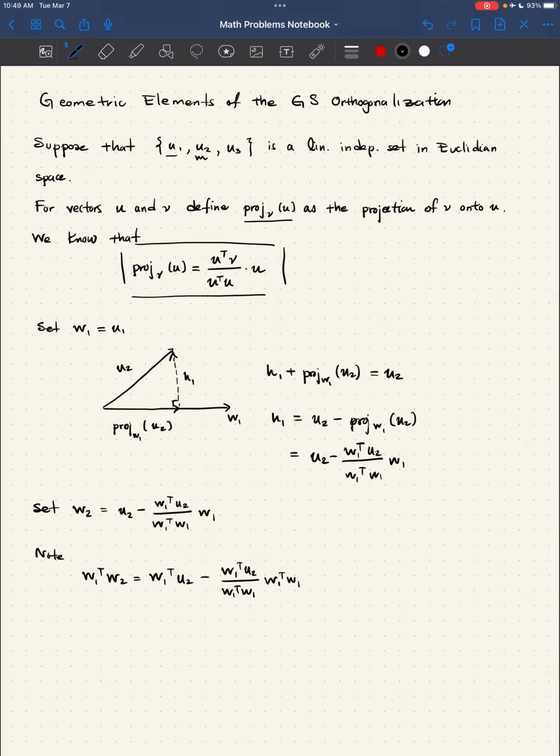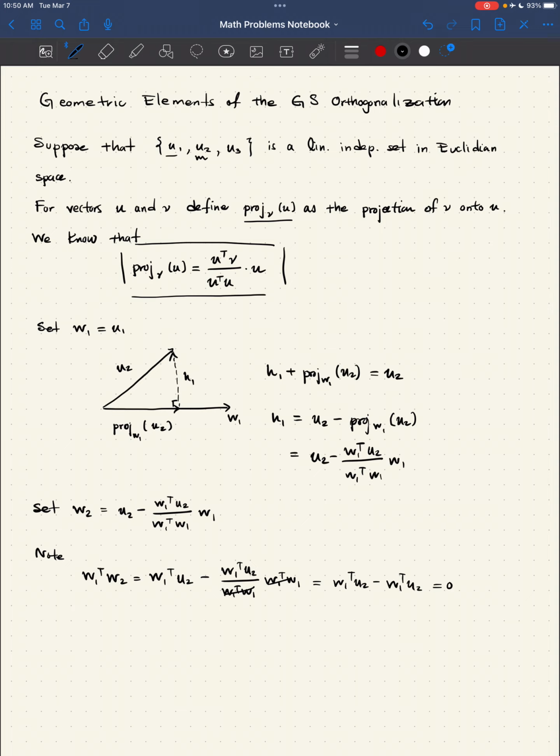It's associated with the commutativity of scalar multiplication with matrix multiplication. We can move them across. So with this, we perform some cancellation. We know that W1 is different from 0, so its norm squared is different from 0. So this cancels, leaving us with simply W1 transpose U2 minus W1 transpose U2, which is indeed 0, indicating that W1 and W2 are orthogonal.